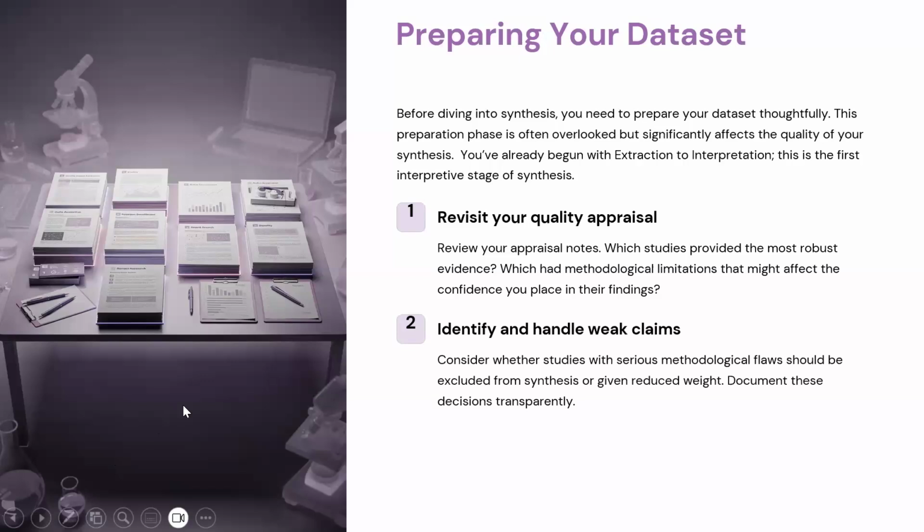Secondly, you have to identify and handle weak claims. Consider, for example, whether studies with serious methodological flaws should be excluded from synthesis or given reduced weight. That is going to be a personal decision on your part. Again, depending on your inclusion-exclusion criteria, you will know whether or not a study meets the very bare minimum to actually be included.